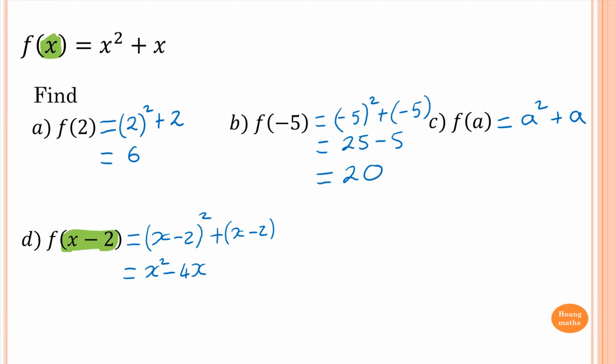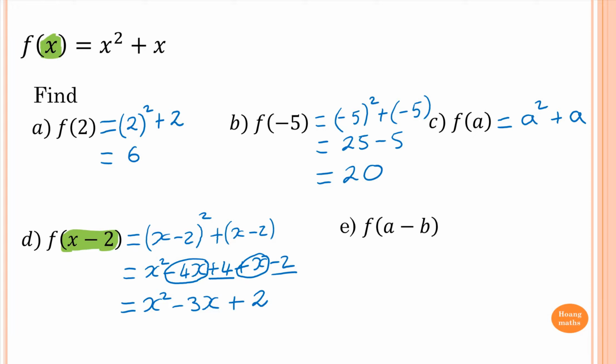And then minus 2 squared is 4. Then I just add x minus 2. And I simplify it. x squared and minus 4x plus x gives me minus 3x. And then 4 minus 2 is 2, so it's just plus 2.